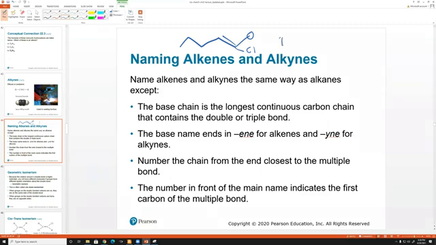So we would have 2-chloro, one, two, three, four, five, six. So 2-chloro-2-hexene. Oh, did I write hexane? Whoops. This would be 2-hexene, like that.